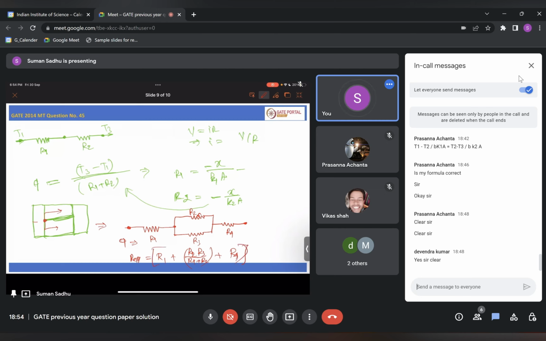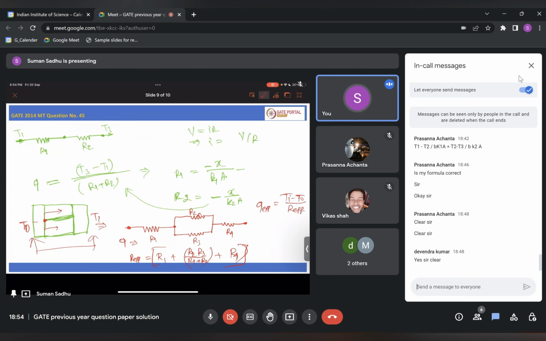So you got the total resistance for this circuit, or for this slab orientation. Then if you know the R effective, the total Q is simply the temperature difference, let's say Ti and To, Ti minus To divided by the R effective.